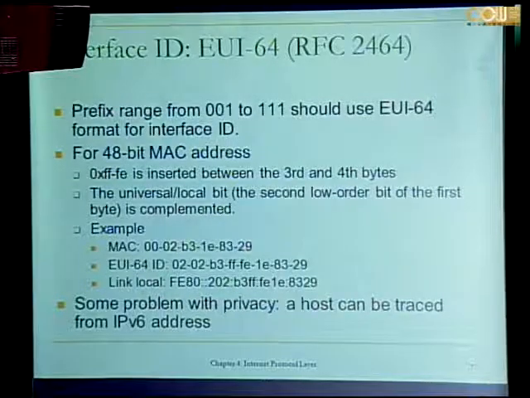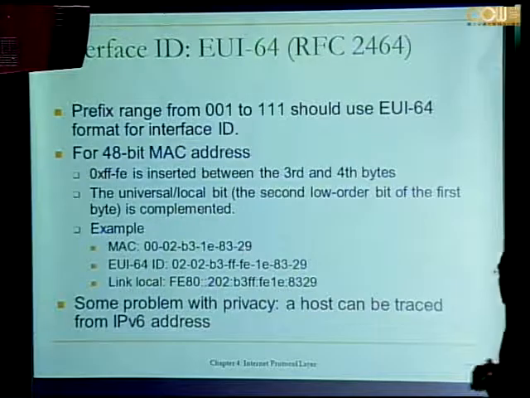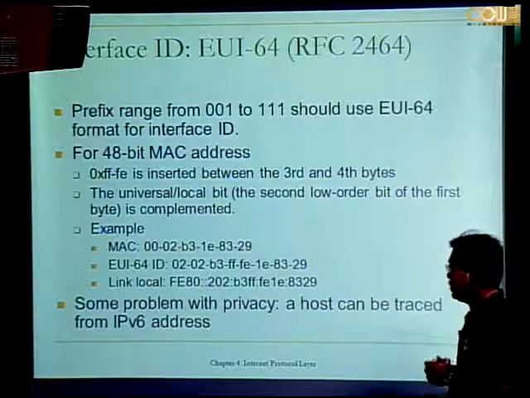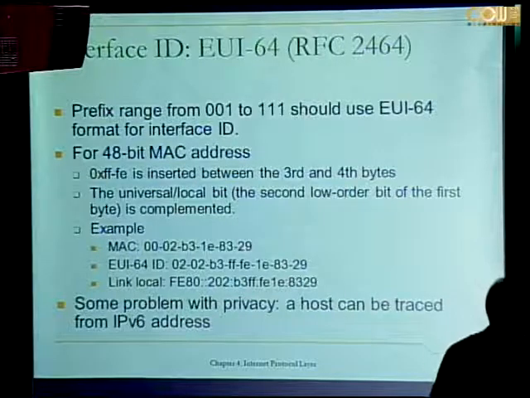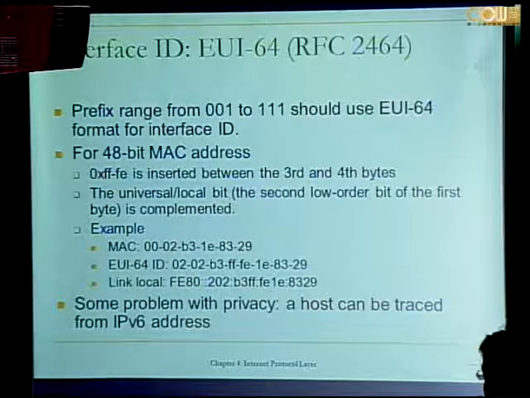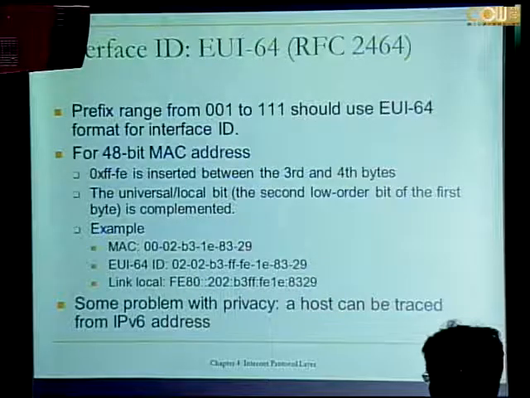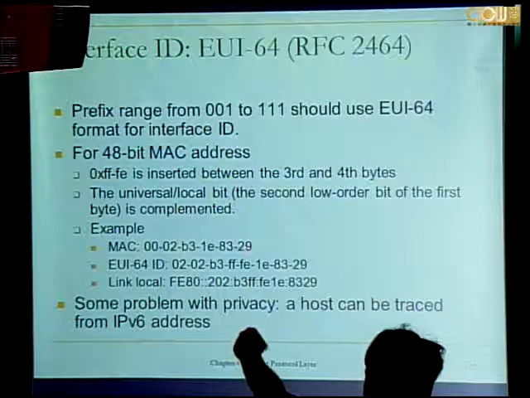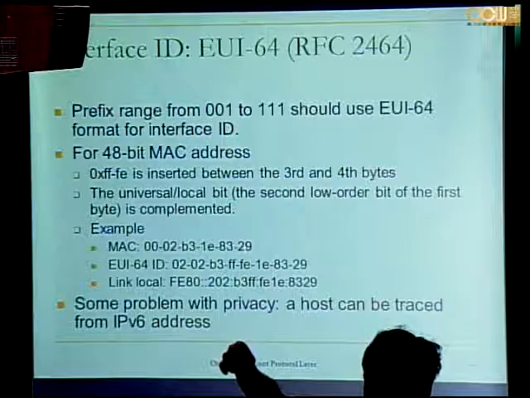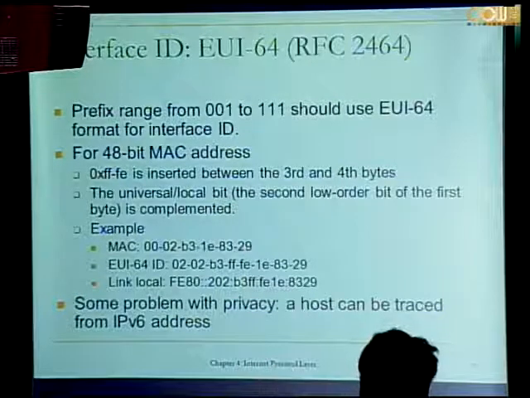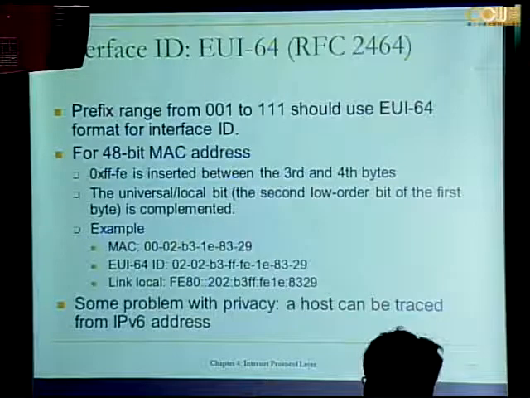And that also has a problem: a host can be traced from its IPv6 address. For example, if I use my notebook to travel to a hotel, in IPv4, I get my IP address from the DHCP server, right? For DHCP, we will see it in the next section.